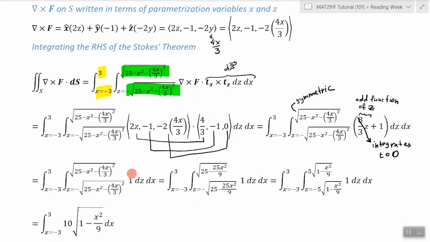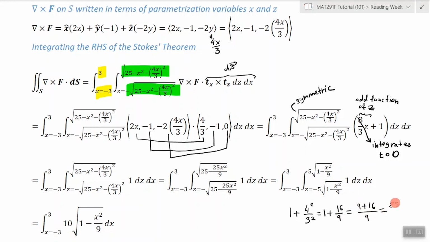How I did this is I noticed this is x squared, as well as x squared, and then I just did this calculation: 1 plus, so like 1 next to this x squared, plus 4 squared over 3 squared gave me 1 plus 16 over 9, which gave me 9 plus 16 over 9.